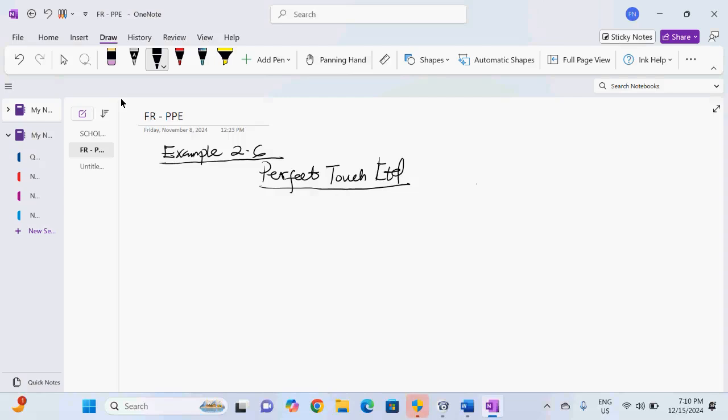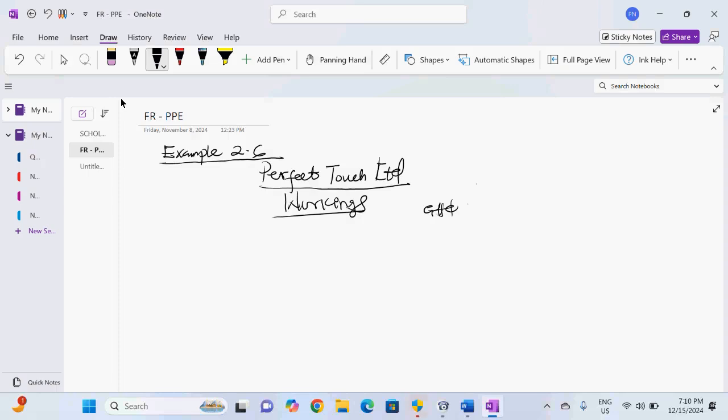So Ghana cedis. So this will be our workings.